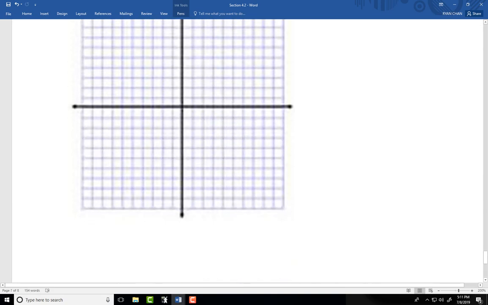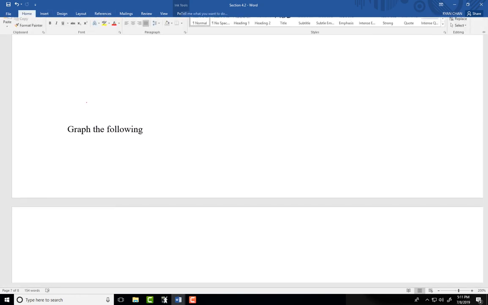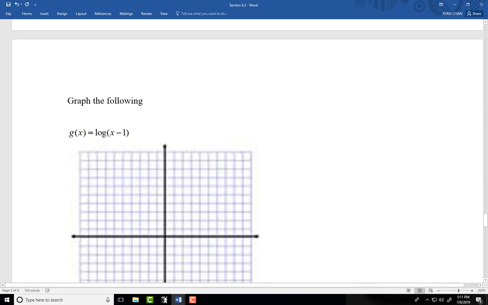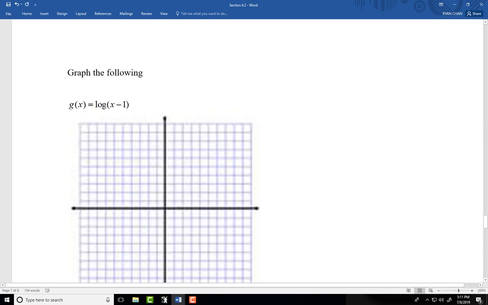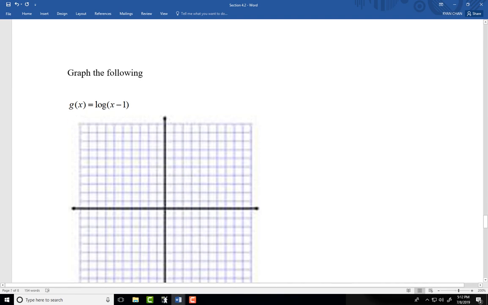So the idea is, let me just show you one last one. Once again, like exponential, you'll be asked to graph maybe something like this here, and it's actually a transformation, okay? So you can still graph log of x and do the following here. But with this transformation, you'd remember where is this going?